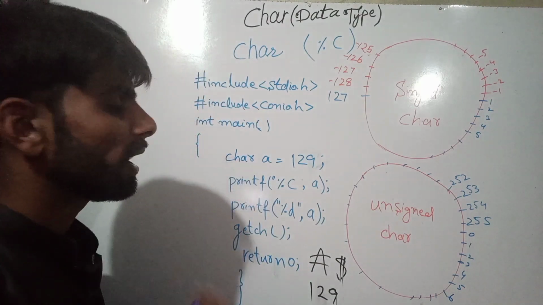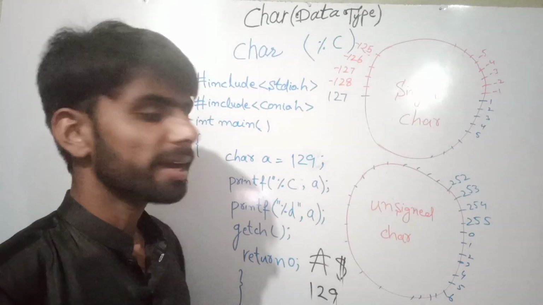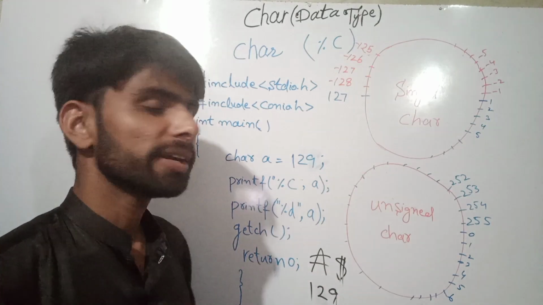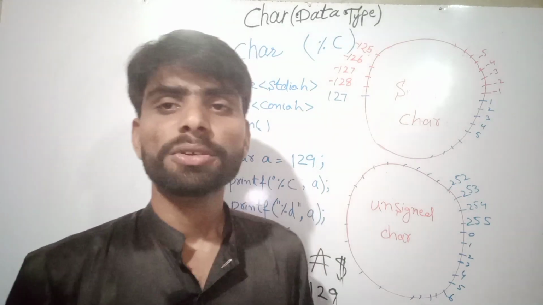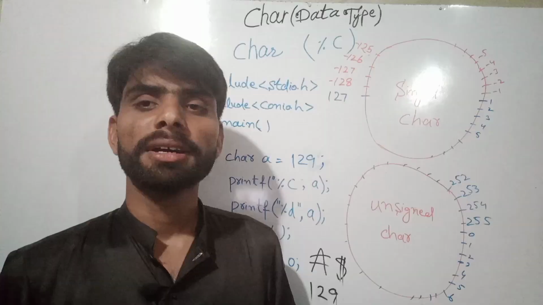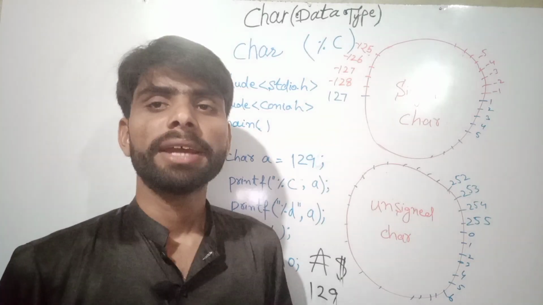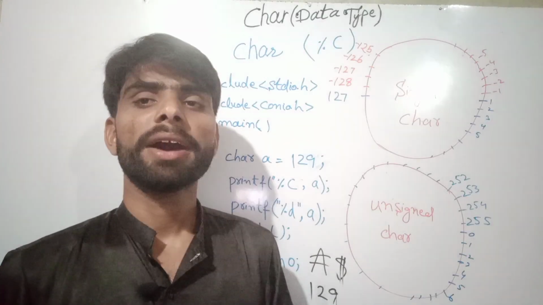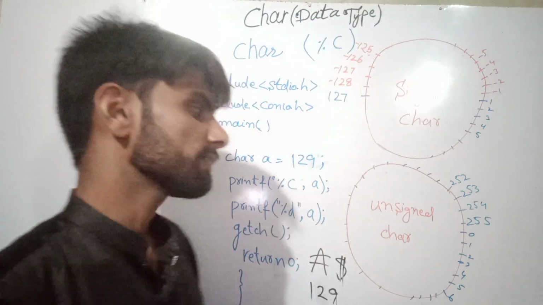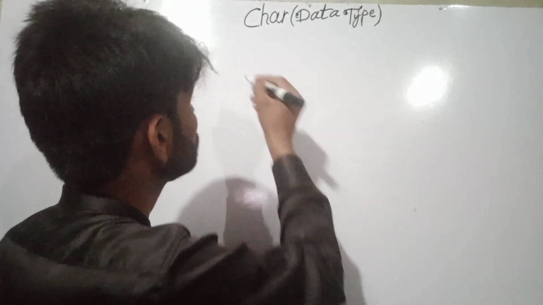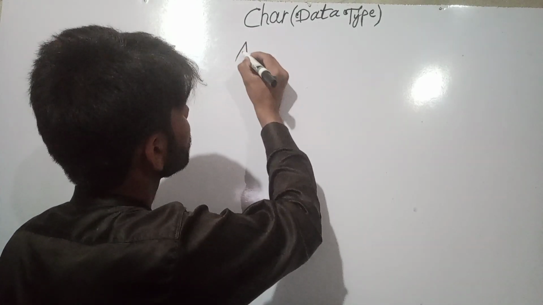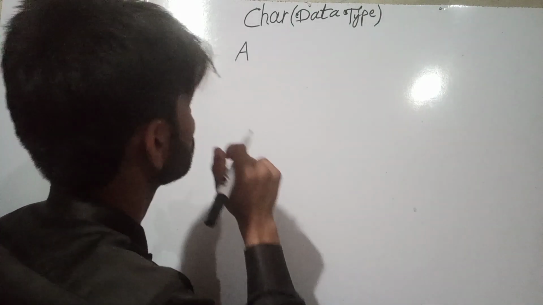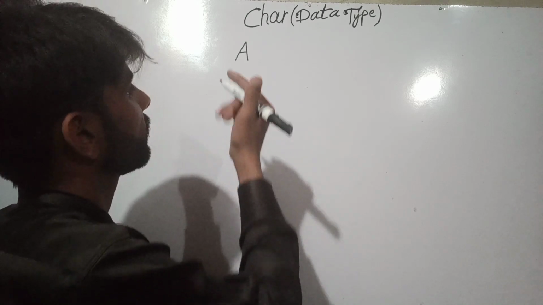So I hope you got it, how you get unexpected characters on the screen. Now we will see how the characters we type are converted into binary form, and then we see them on the screen in our own language, right? So let's understand it. When you enter a character from your keyboard to the computer, what will happen, right?